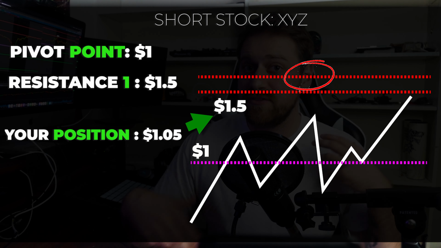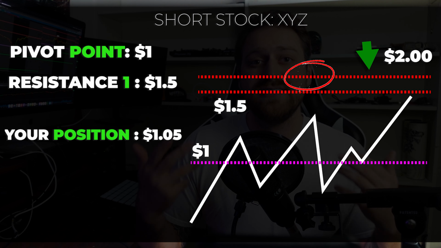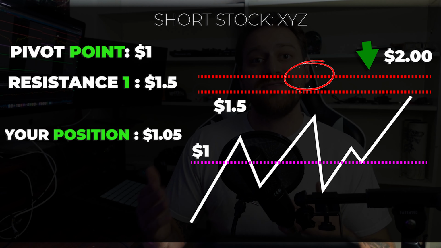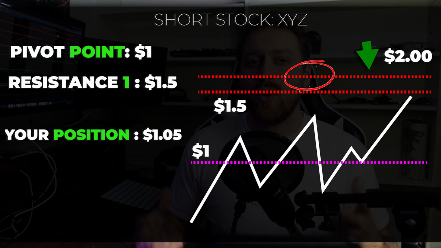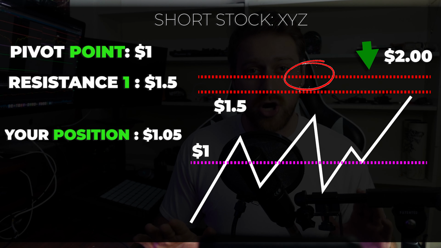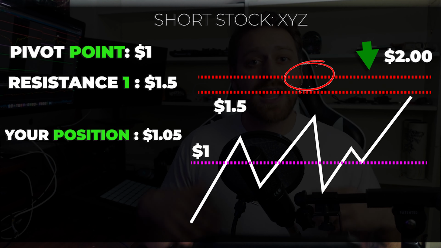So let's just say for this example, resistance 2 is at $2, which would be a 50% move from resistance 1. If I only want to risk $50 per trade, then on this example, I know I need to short sell only $100 worth of shares at that 1.5 level, because I'd be risking that resistance level number 2, which would be at $2.